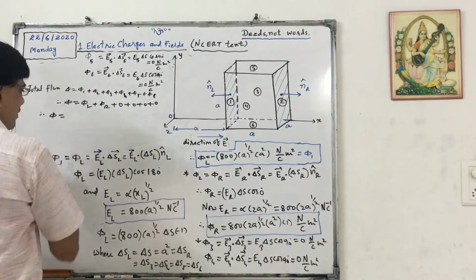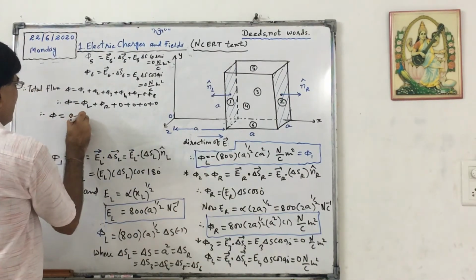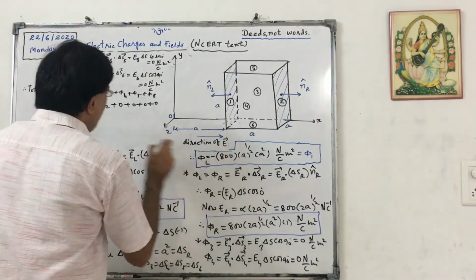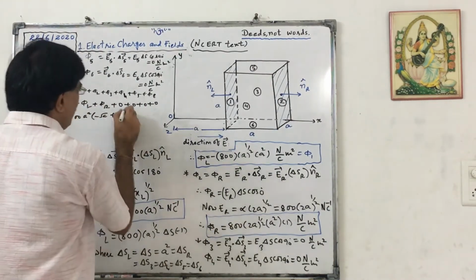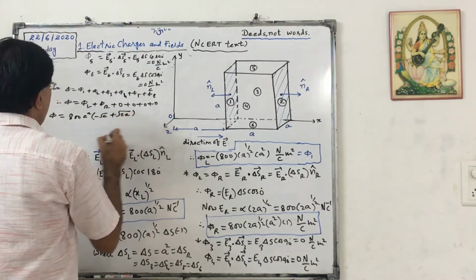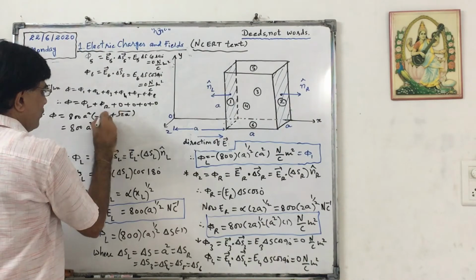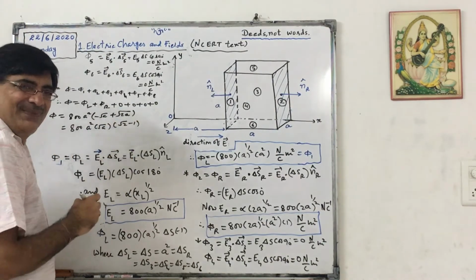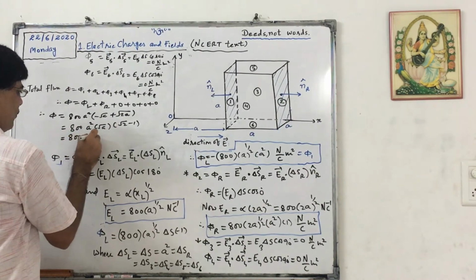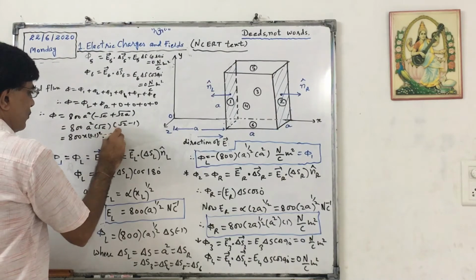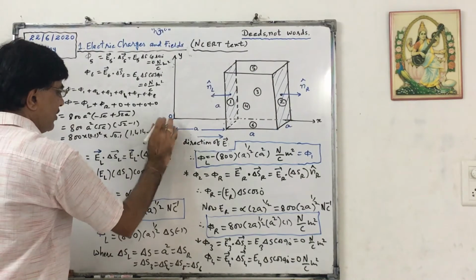Therefore phi equals, now 800 a square is common. Here it will be minus root a, and here it will be plus root 2a, where this is the square root of 2. It can be written as 800 a square into root a into root 2 minus 1. Putting the values, 800 into 0.1 square into square root of 0.1, we know that root 2 is 1.414, minus 1. The unit will be Newton per Coulomb into meter square.